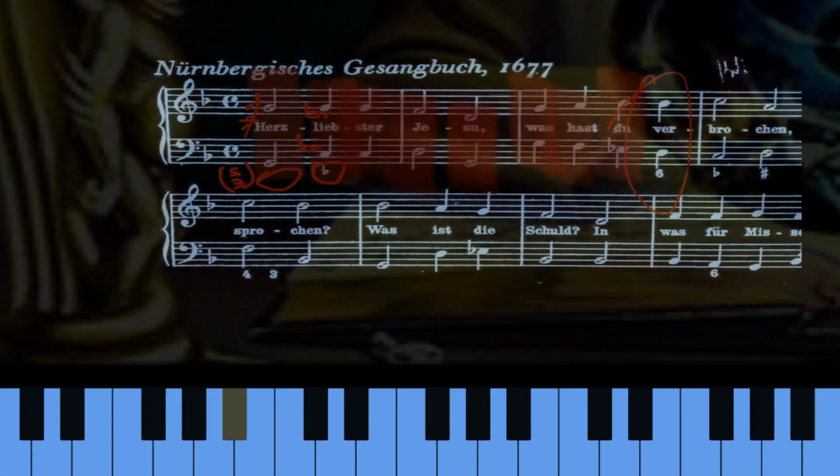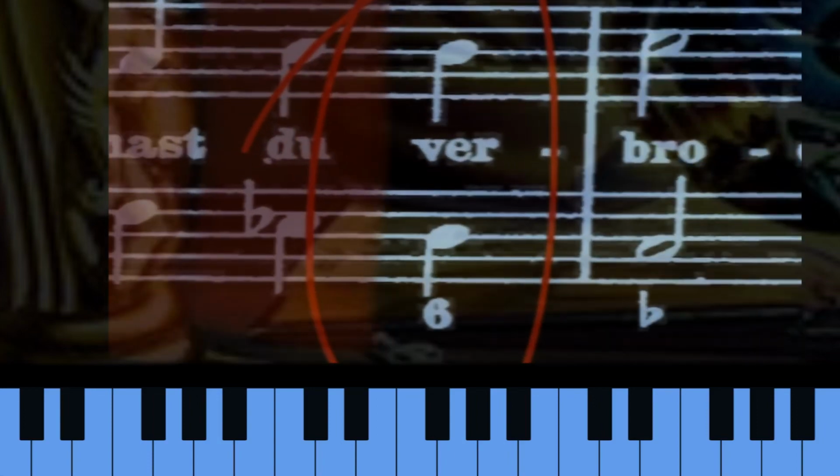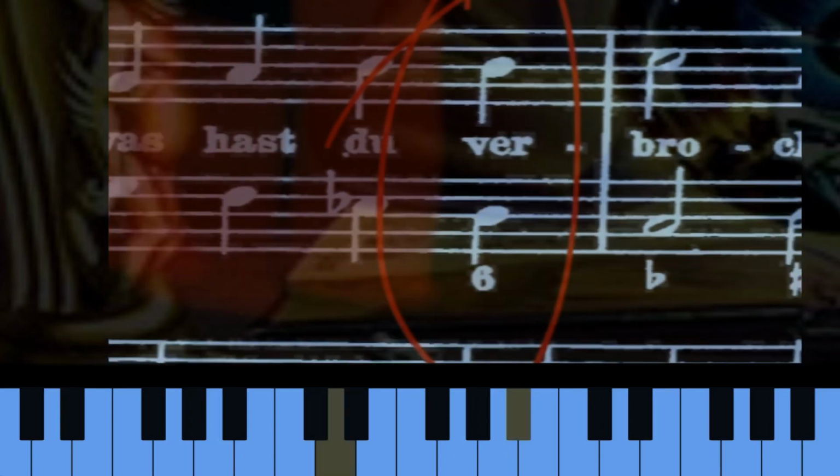But to not be so obvious, they just abbreviate that, and they didn't write the 3rd and the 5th, but they write them in some cases that we will see. So you have here a 6th chord, and now you can use the open position, because it will be good for the voice leading sometimes.